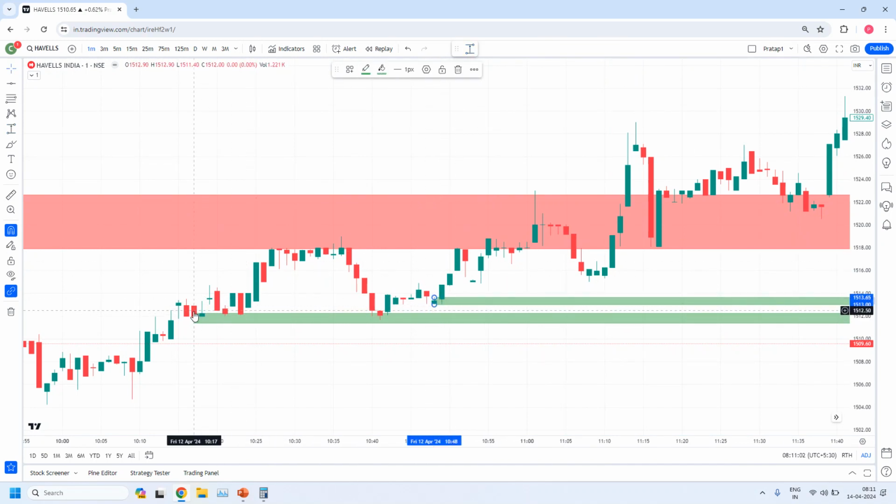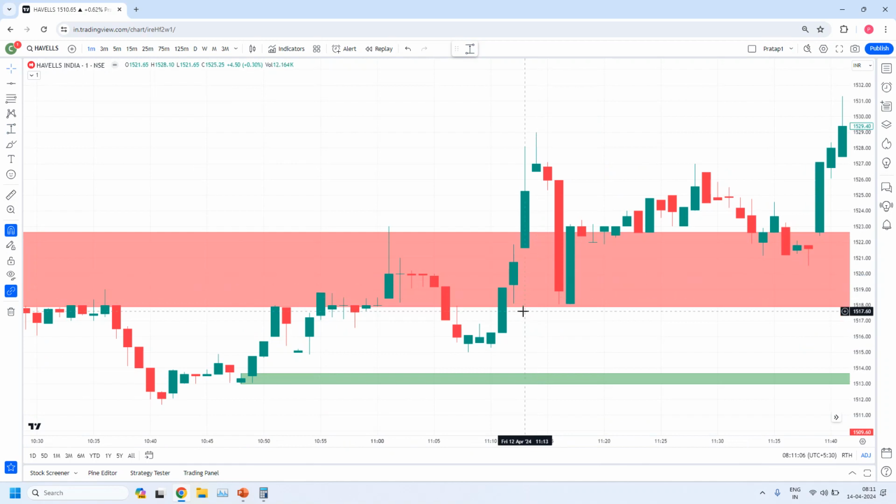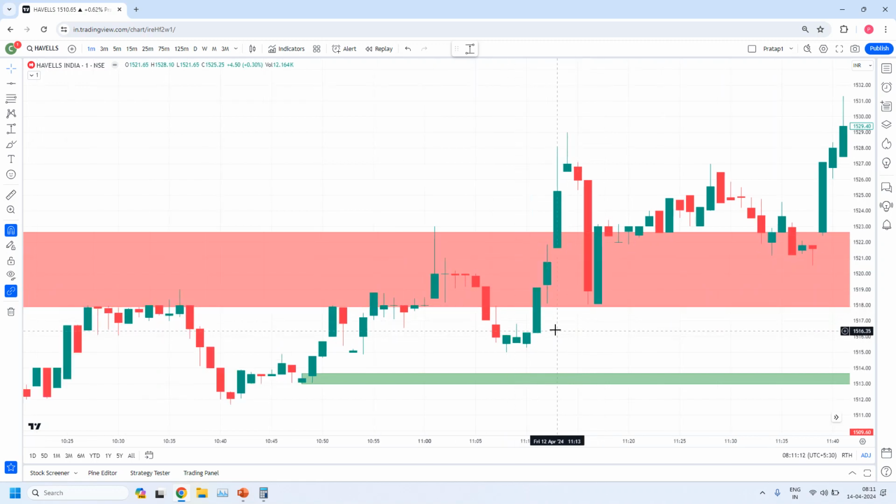This is another zone. After that again you have this rally base rally.